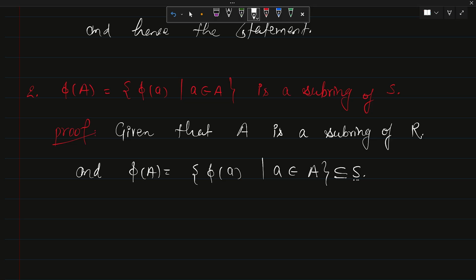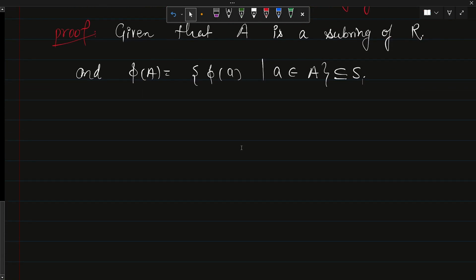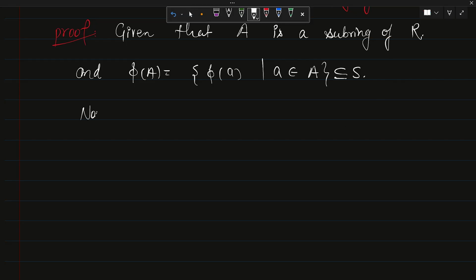ओके, अब हमें कोई भी सेट है उसे रिंग कैसे प्रूव कर सकते हैं या फिर सबरिंग कैसे प्रूव कर सकते हैं? We know we can use the subring test. Okay, so now we use the subring test.